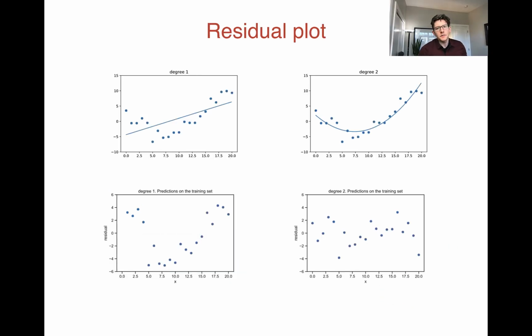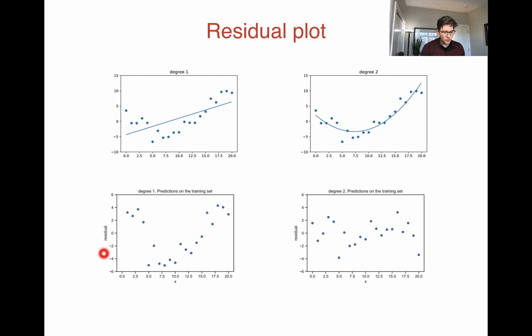Here's a strategy that can be useful when it comes to evaluating linear regression, especially higher order linear regression, like polynomial regression. Here we've produced what we call a residual plot.